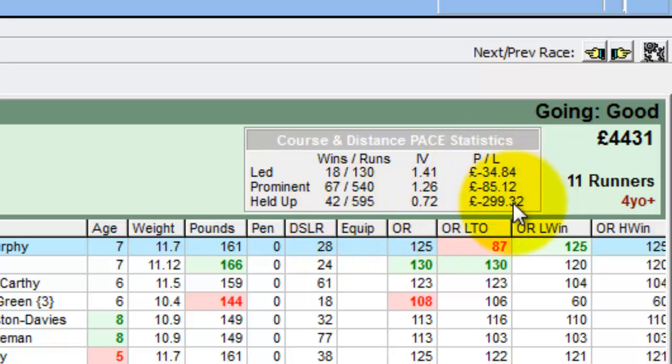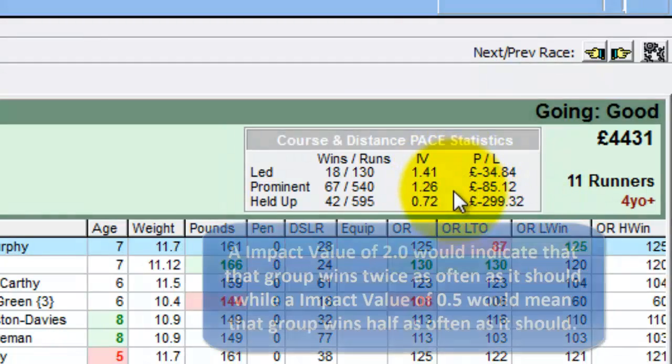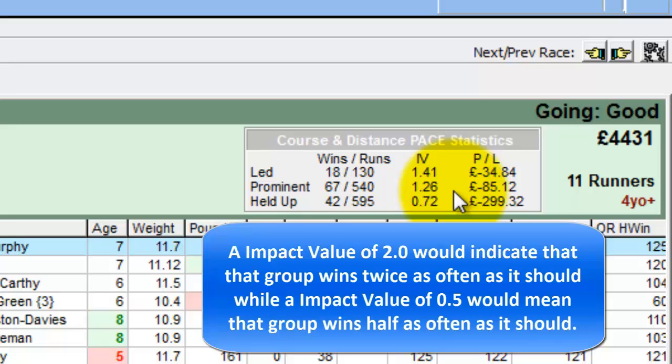The profit loss shows you the profit loss to SP if you'd have backed any of these groups. The impact value is the most important field and shows you if horses from one particular group are winning more often than they should.